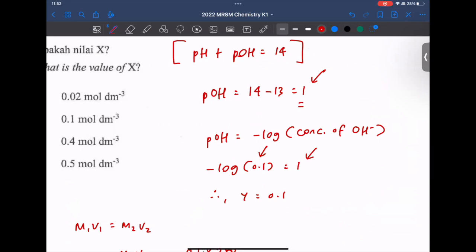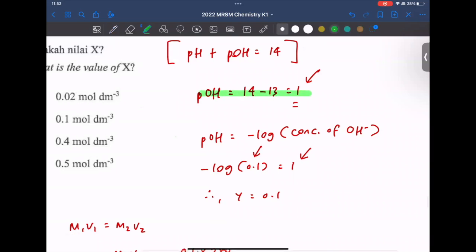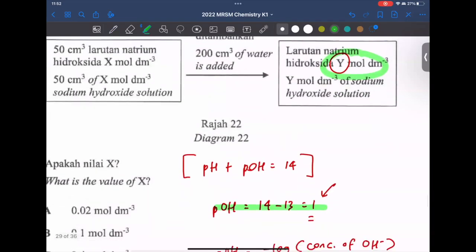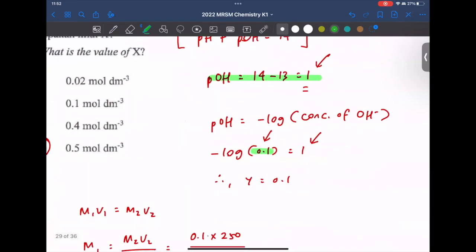Therefore, your value of Y is 0.1, because you negative log the concentration of the substance to get the pOH. Since you calculated pOH is 1, the concentration of the diluted solution Y is 0.1.